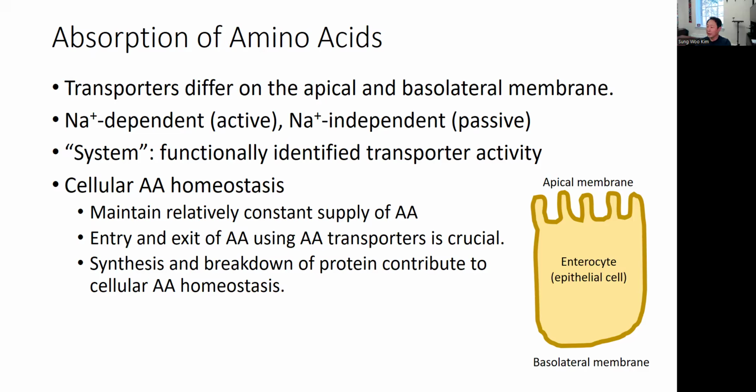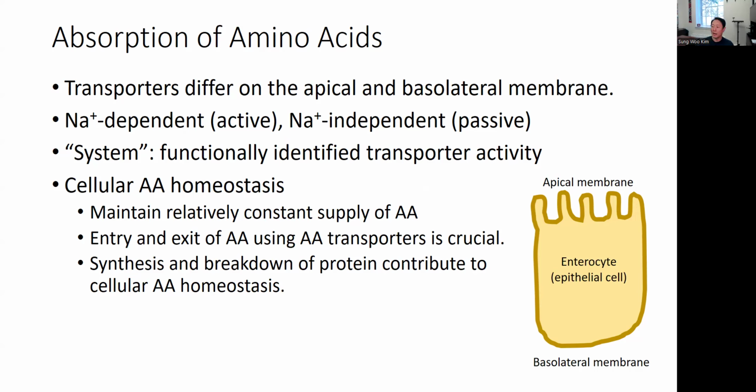The goal is for the enterocyte, the intestinal epithelial cell, to absorb the amino acid from the luminal side and pass it to the systemic circulation or blood circulation.